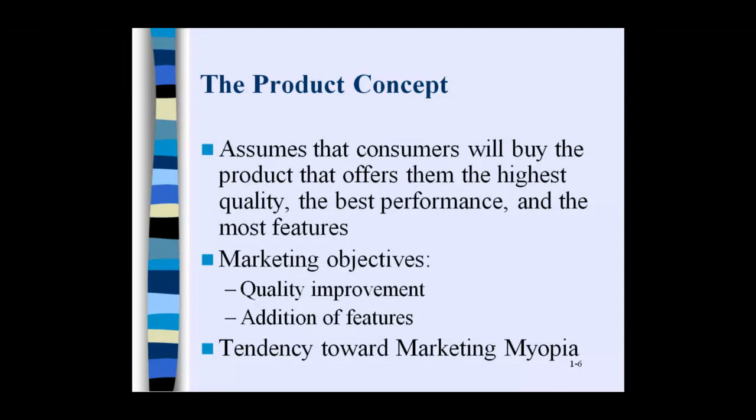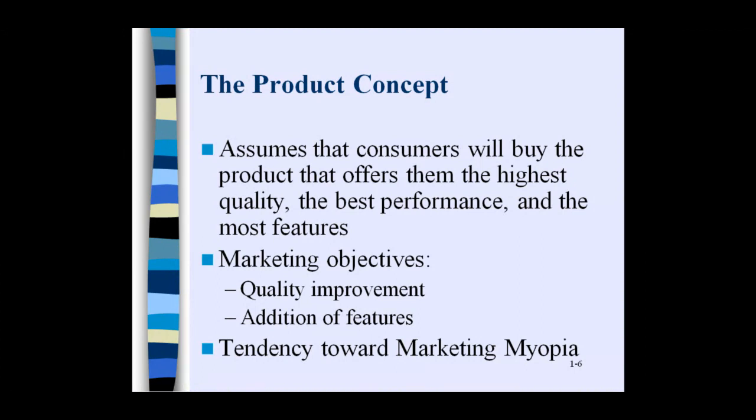According to the product concept, consumers are not interested in economic products, what we say in layman's terms as cheap products. Instead, consumers are interested in quality products, the product which offers the highest quality, the best performance, or the most features.